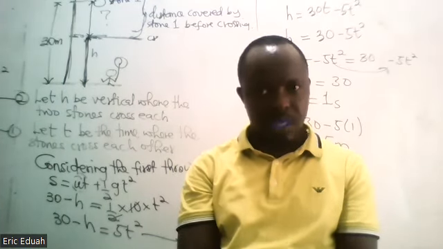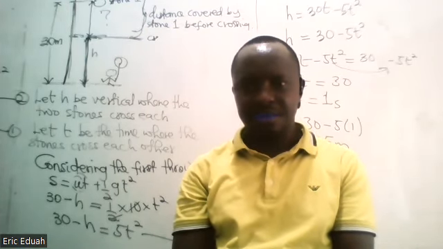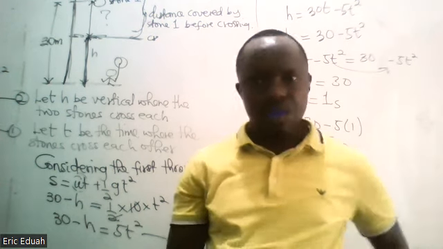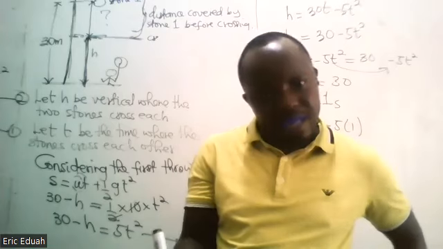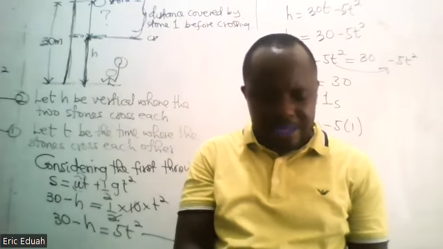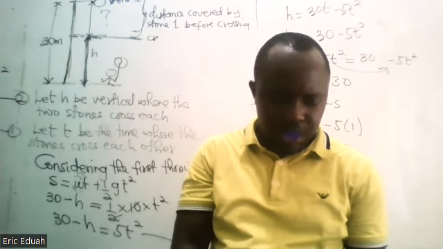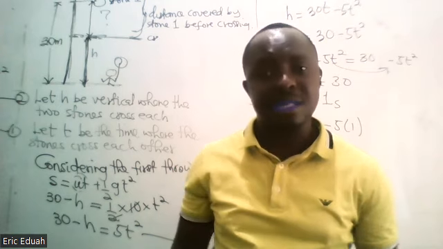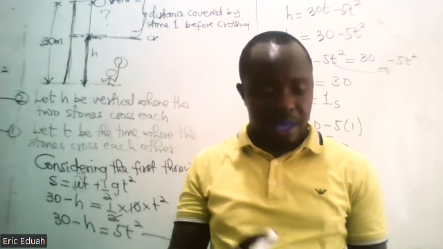Okay, so I think there is an omission in the question. So I modified it: take the acceleration of the second stone to be 15 meters per second squared. Please, I think it's in the question though.